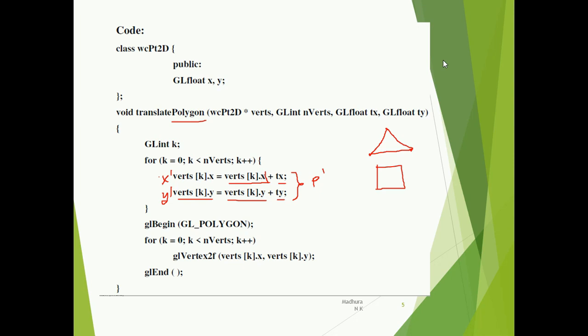And now we want to draw a polygon. Now we have just calculated, so this part is only for calculation of vertices, the new vertices calculation. And now we want to actually draw the polygon on the screen. So then let us write the code. glBegin GL_POLYGON, for k is equal to 0, k less than again the number of vertices, k plus plus. glVertex2f.